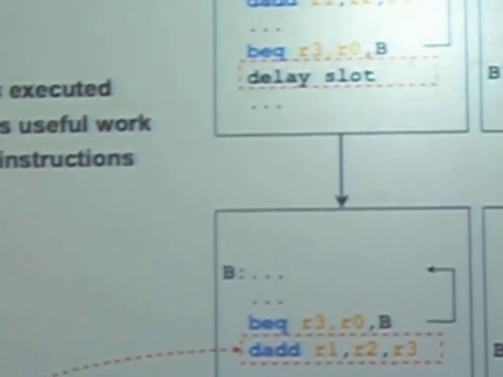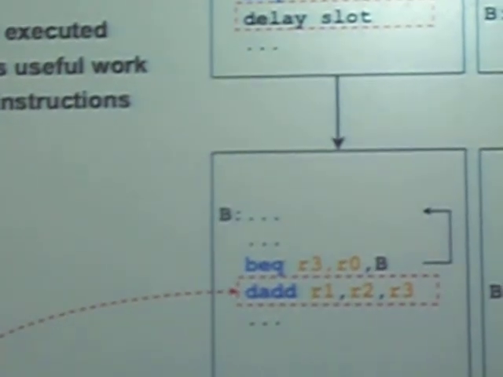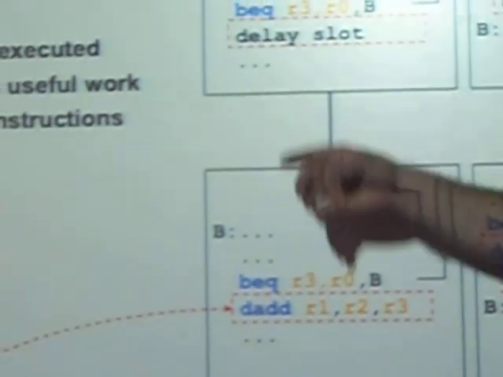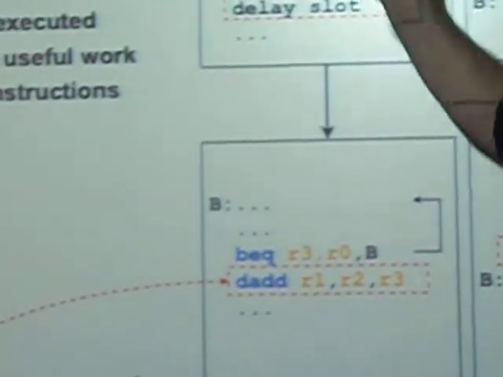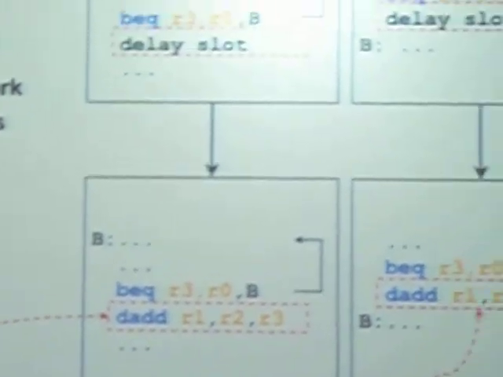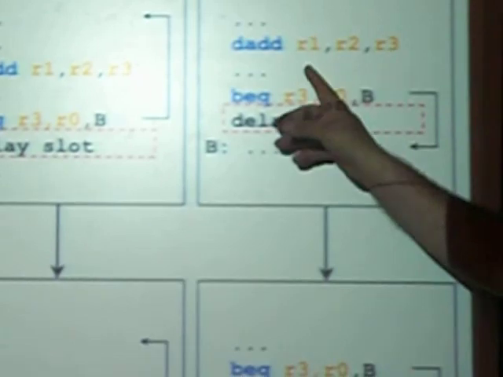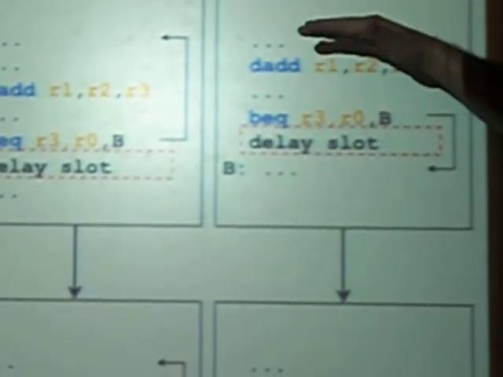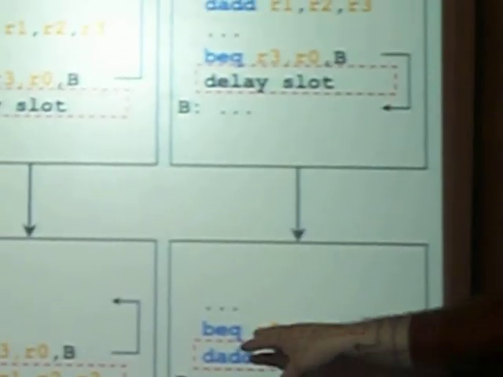So here's the case. When I say backward, that's like loop, BNE to loop. Sometimes it's go to here. So here's a similar thing. Here it said DADD, BEQ, the delay slot. Now notice what I've done.